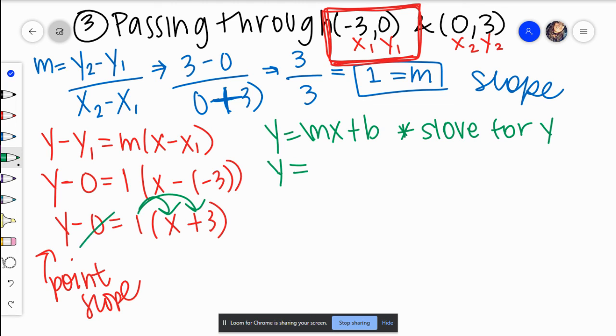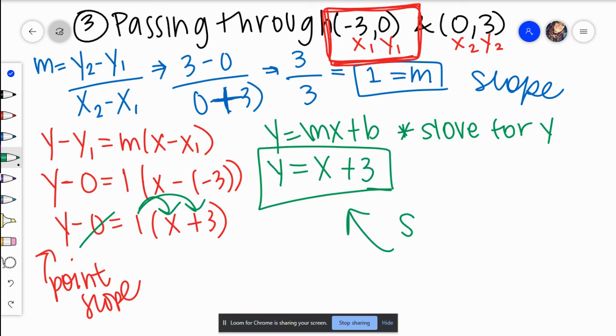That 0 went away, right? 1 times x is just x. 1 times 3 is just 3. And that was actually easy peasy. This is slope intercept form.